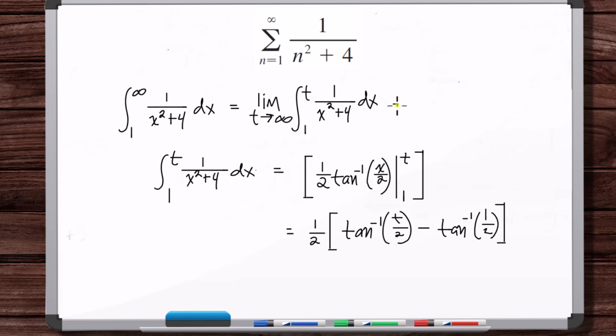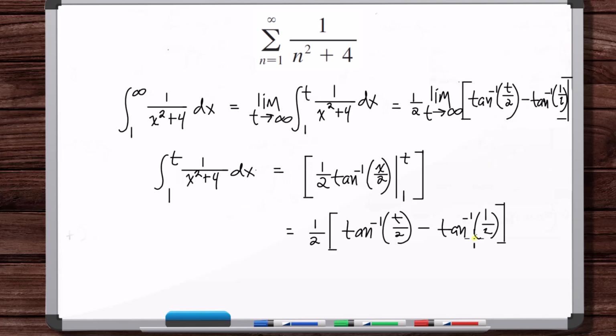We can take out the 1/2. We've got the limit as t approaches infinity of arc tangent t divided by 2 minus arc tangent 1/2.